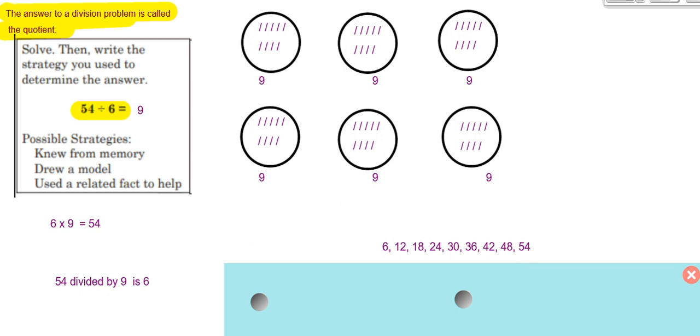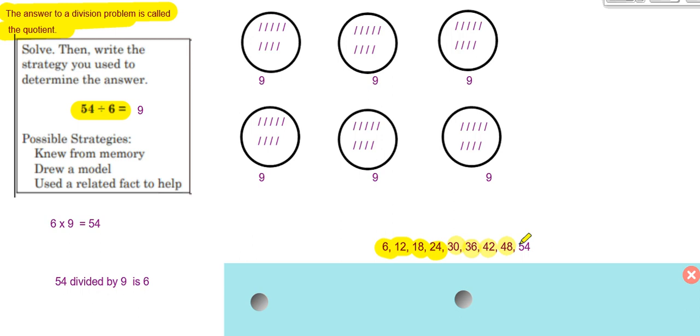Now, how do I know my answer when I do it that way? Easy. We're going to count the multiples, and that's going to tell us what the quotient is. 6 times 1 is 6. 6 times 2 is 12. 6 times 3 is 18. 6 times 4, 24. 6 times 5 is 30. 6 times 6, 36. 6 times 7, 42. 6 times 8, 48.